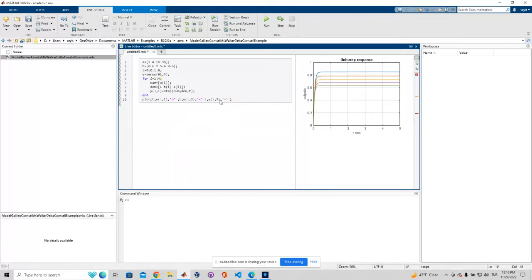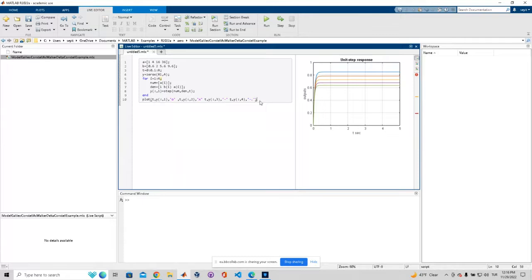All right, again, I'm gonna write the Y function with respect to time, comma, and our third value. Okay, the fourth value. All right. Again, comma, and then you write your representation symbol, let's say a comma dot.